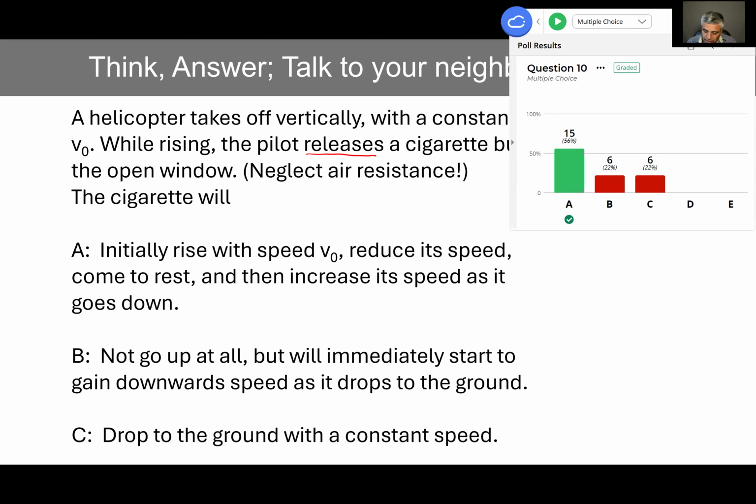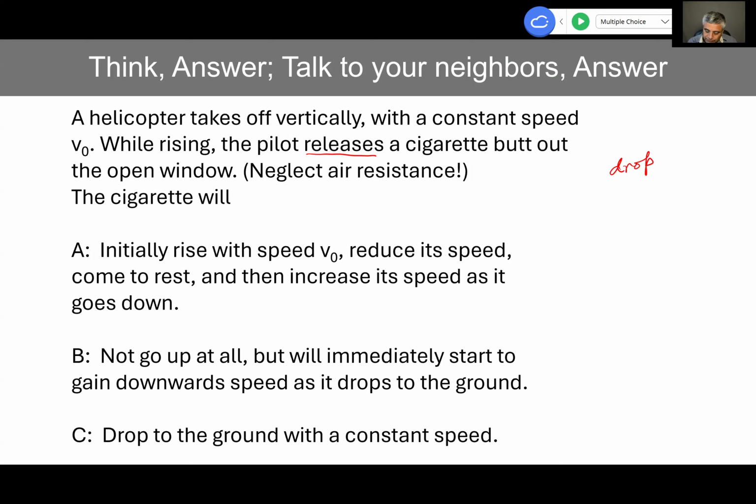Mostly A, and that is the correct answer. Release means drop. Just like when we drop a ball from a moving car, what happens? It has the initial velocity same as the velocity of the car. Similarly, this plane was going up vertically, and when you release, the cigarette also has the same velocity as the helicopter at the moment we release it.